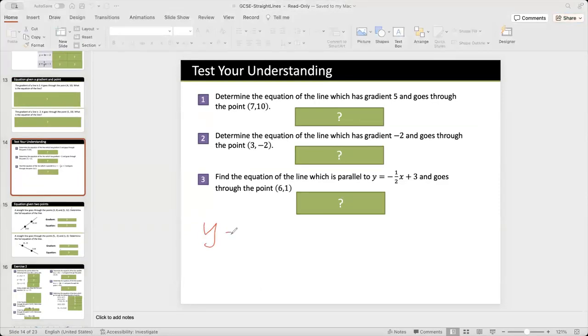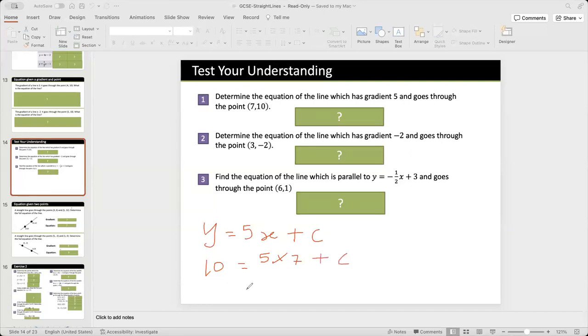So y will be equal to what? 5x plus c. And you see y equals 5x plus c. So x is 7 and y is 10. 10 equals 5 times 7, because anywhere you see x, you put 7 there. Anywhere you see y, you put 10 there.